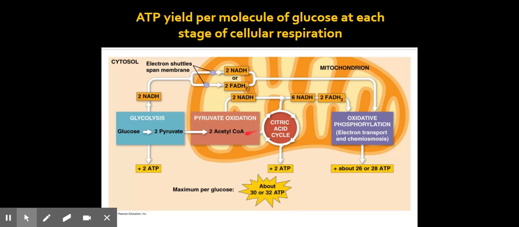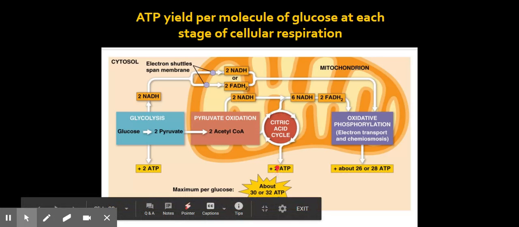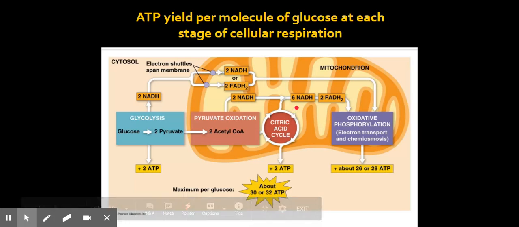Krebs cycle turns twice. Why? Because we have 2 acetyl-CoA molecules that came from our 2 pyruvate molecules. It'll turn twice. We'll have 2 ATP that's released. We'll have our 6 NADH molecules, and we'll have our 2 FADH molecules that come from there.